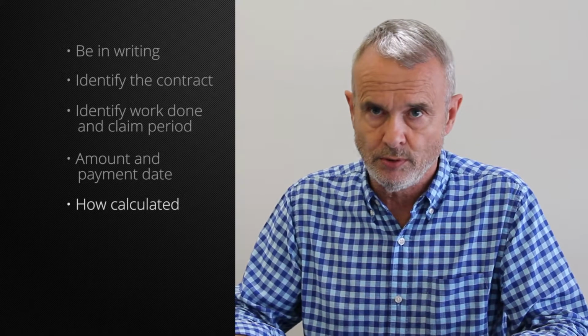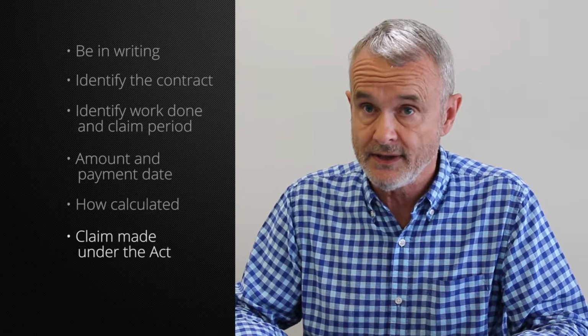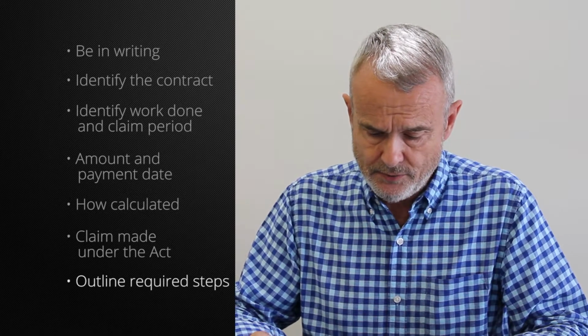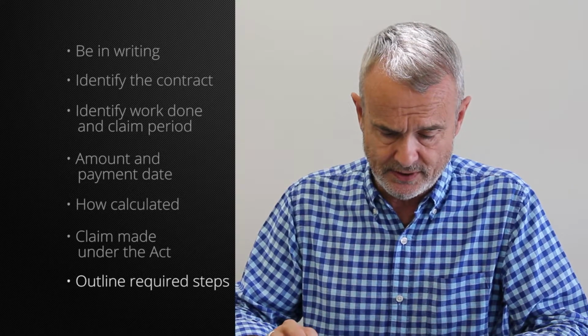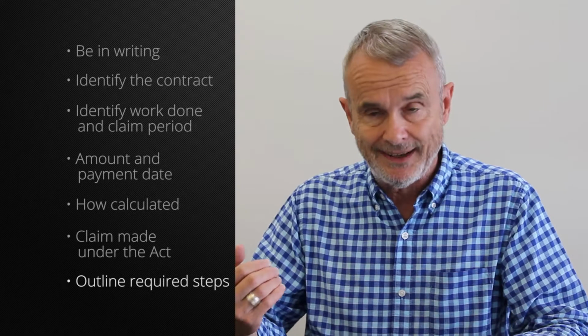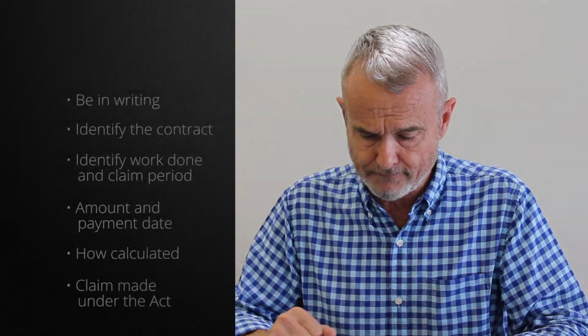Calculations are very important in this process. State that the claim is made under the Act. Be accompanied by an outline explanation to the payer of what they have to do and the consequences of not doing it. And that's all about Form 1 that we mentioned before that must accompany the claim.